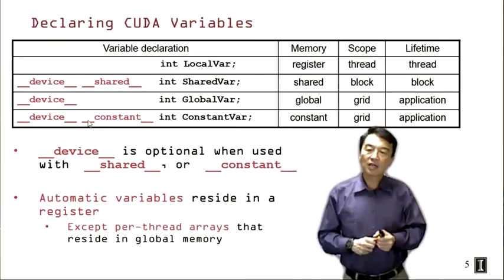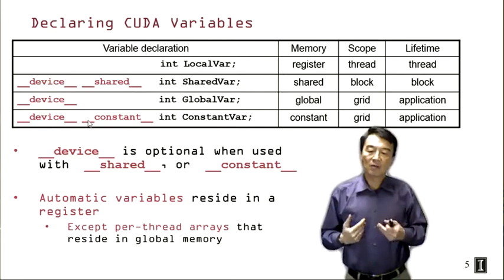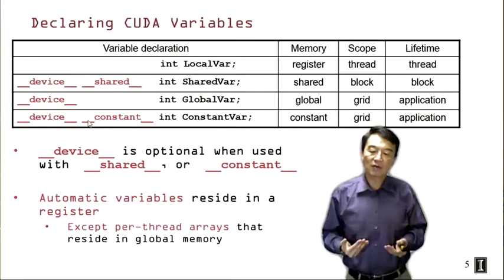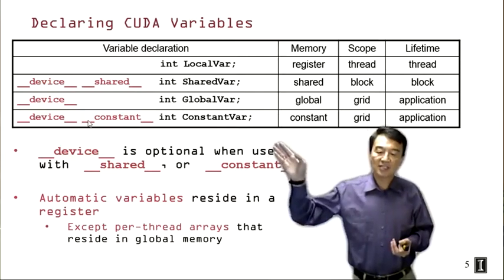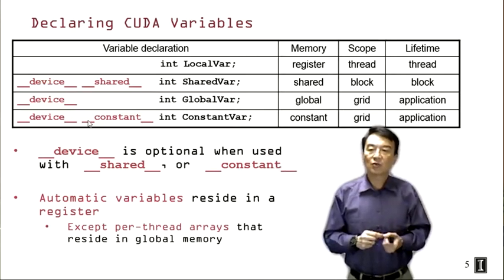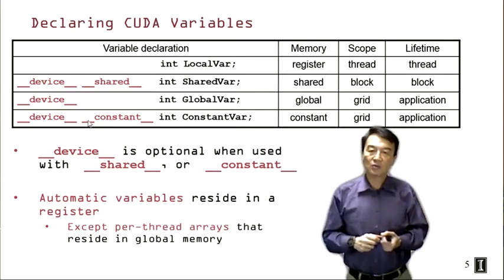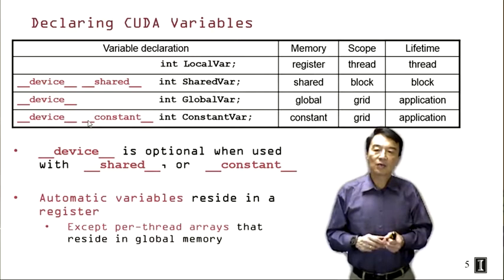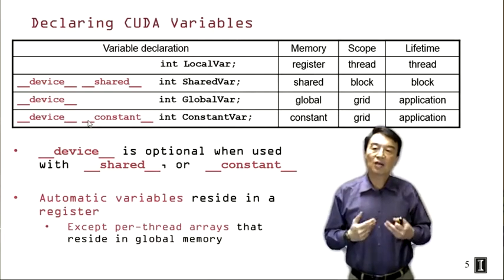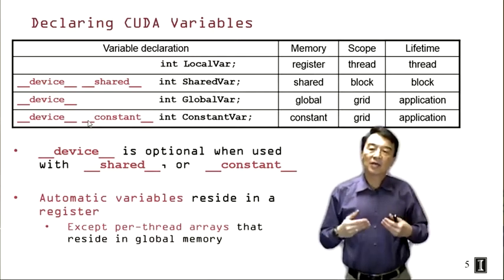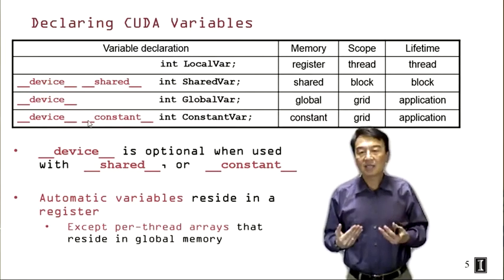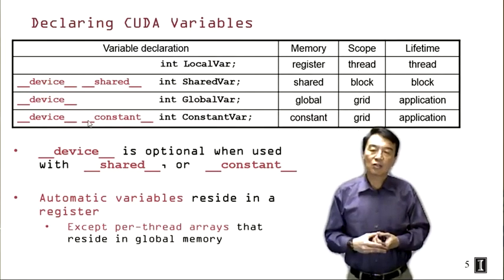We can declare a variable as a global memory variable by preceding the variable with __device__. And this declaration will be in the host code. And you're going to ask me, how come we have not seen such a declaration?